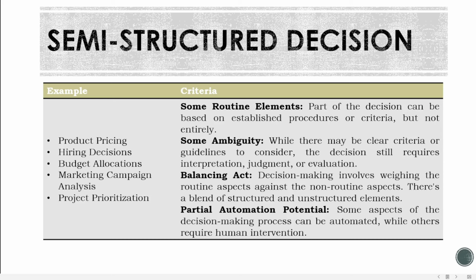Let's say, for example, yung product pricing. So, although yung production cost can be calculated, determining the final price also involves market research, competitor analysis, and even the perceived value considerations. So, there is this balancing act na sinasabi natin.